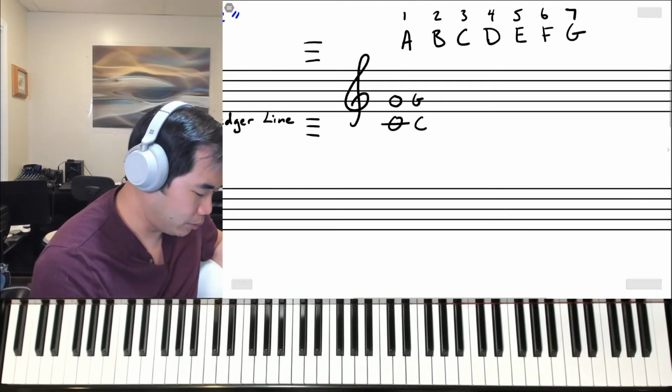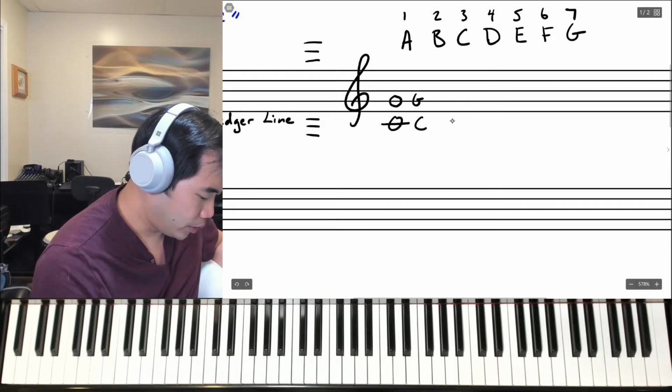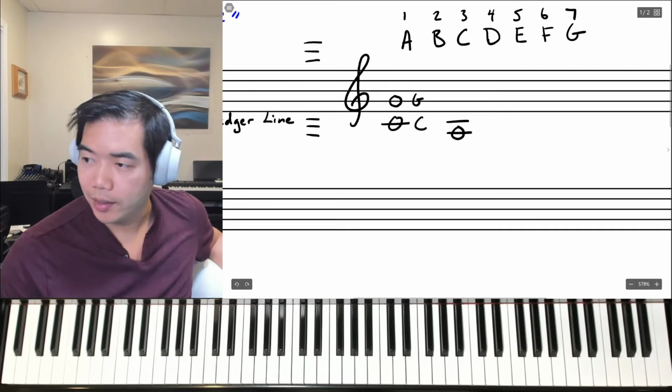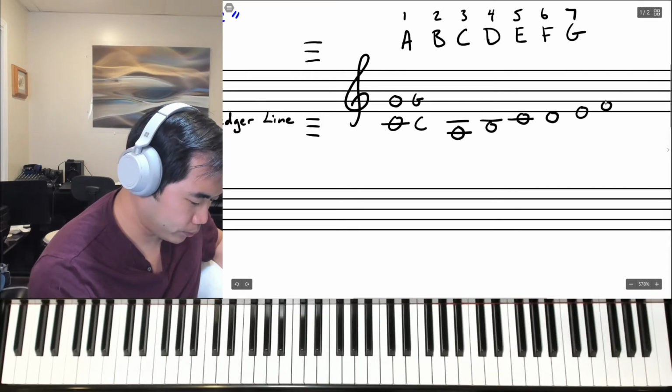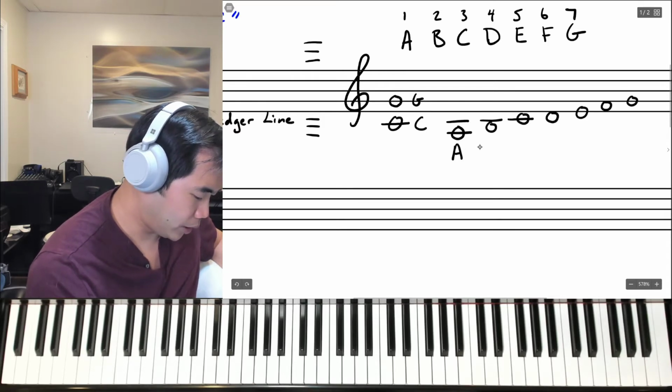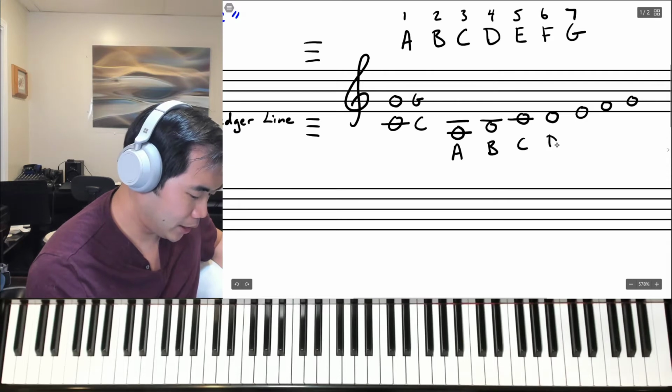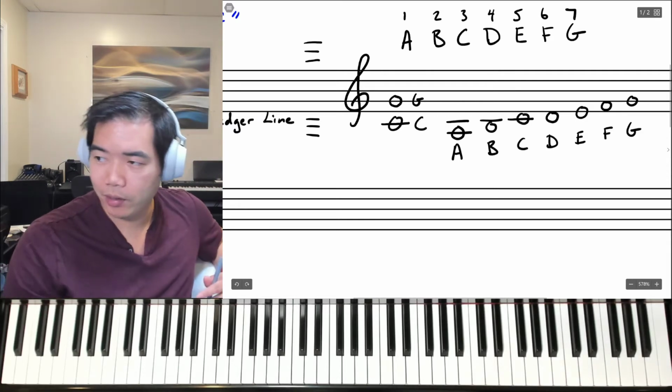And it looks like this in music. If I do a low A, that's 2 ledger lines down. I'm just going to show you this. You don't have to remember this yet. So this would be the notes A, B, C, D, E, F, G. If I played that on piano, it looked like this.